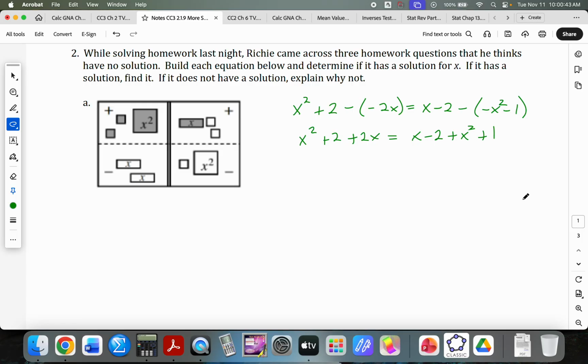Before I start making 0 pairs, is there any simplifying I can do? What can I do? Yeah, the negative 2 plus 1. So I've got x squared plus 2 plus 2x equals x minus 1 plus x squared.